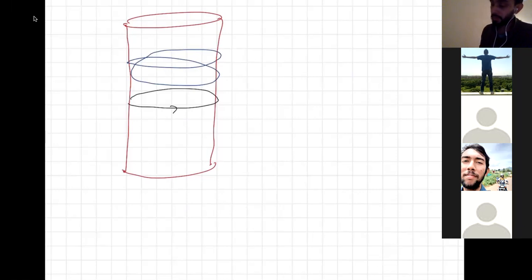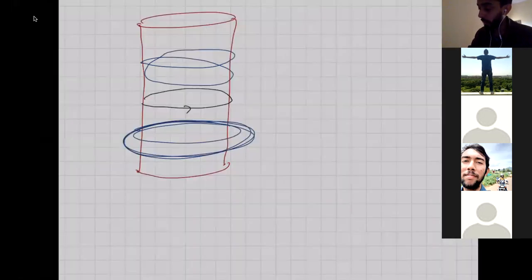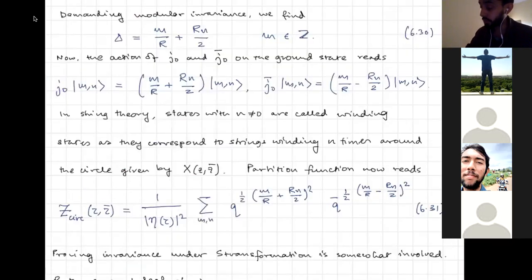So it could wind n times around it and get back. Depending on how many times it winds around, you're going to get extra modes. If n is not equal to 0, these are called winding states. And as I just showed you, these correspond to strings which are winding n times around this particular circle.